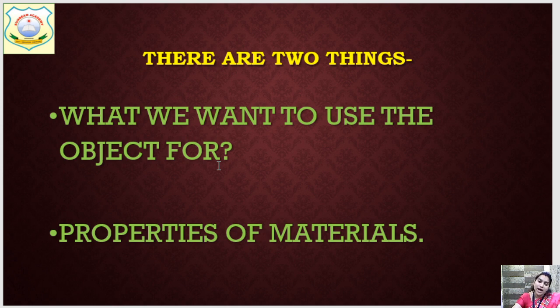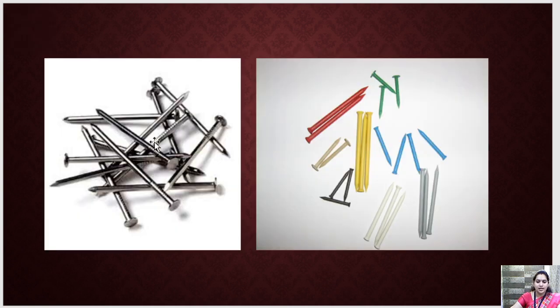Can we use a plastic nail in place of that iron nail? Will our purpose be solved? So if we have two types of nails, this is an iron nail, this is a plastic nail. If we have to construct a table, we need a cardboard, we need wood, and in the plywood we attach the legs of the table.